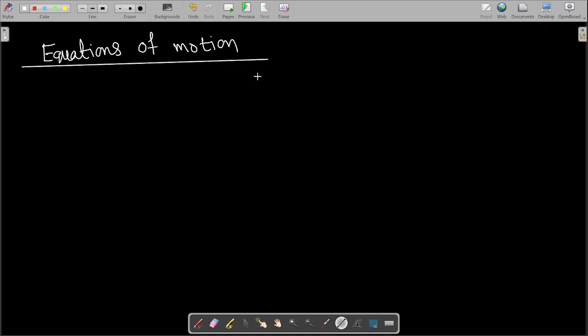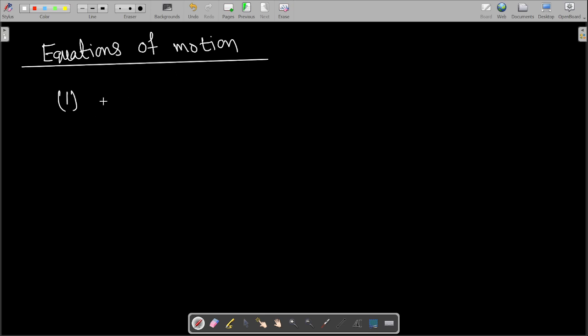There are mainly three equations we are generally using in this chapter. I am not going into the derivation, that is not required in your JELET exam. That's why I will just write it and explain this.